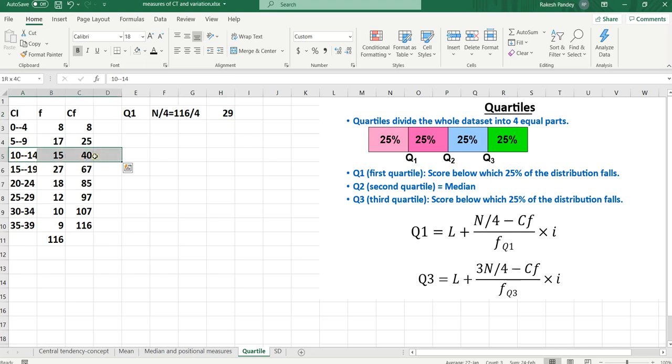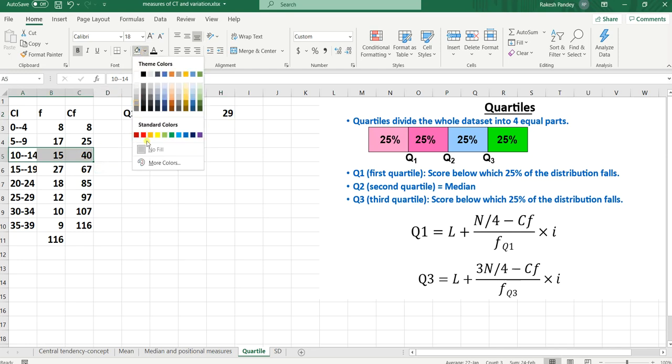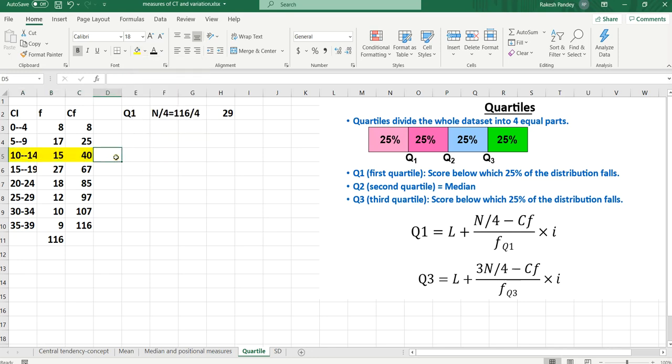So we will highlight this. Let us highlight in a color. So this is the Q1 class. We can mention it as Q1 class interval.